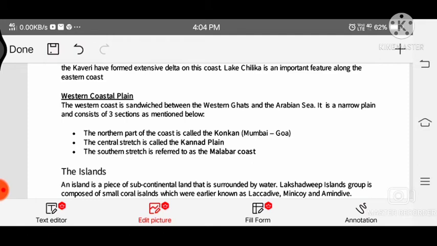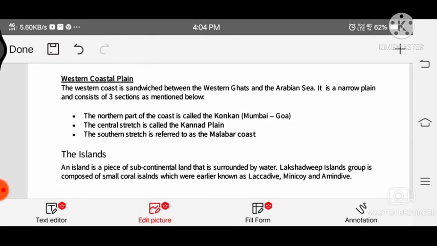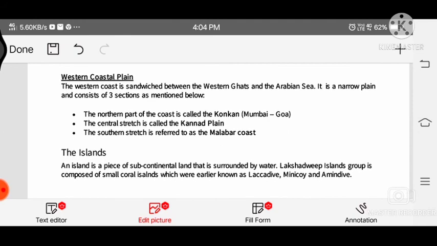It is a narrow plain and consists of three sections, as mentioned below. These are the three sections in the western coastal plains.